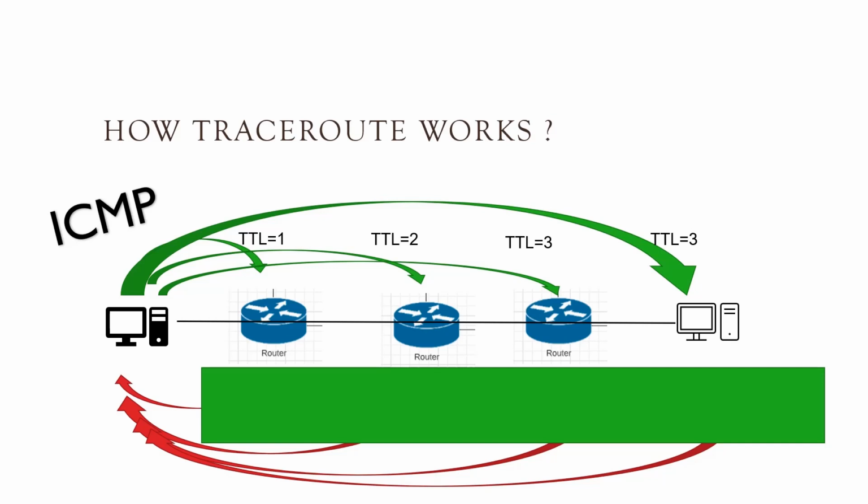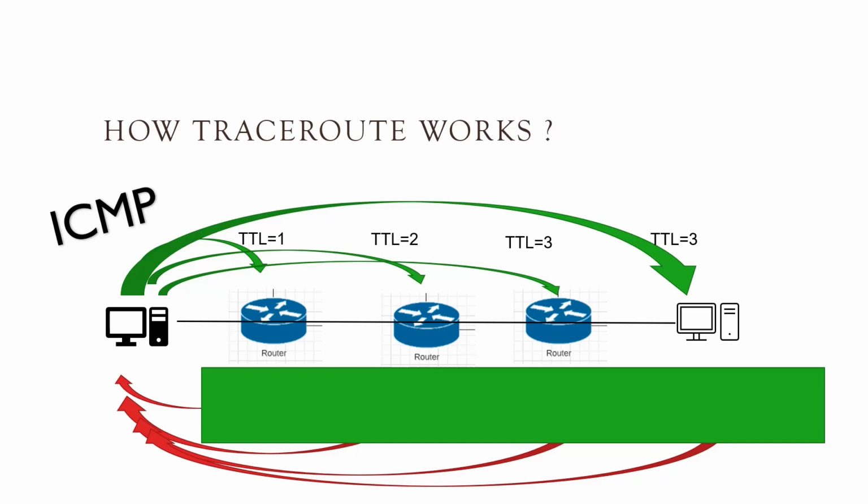Basically, Traceroute utilizes ICMP to identify the network path. In the ICMP IP header, it sets the TTL value 1, 2, 3 in incremental order across a subset of packets. Then it intentionally expires the TTL value. For example, the source trying to find the first hop, which is the first router, sends a packet with TTL value 1.